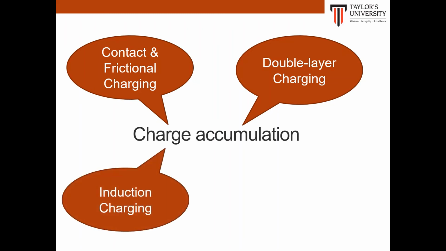The next charge accumulation is what we call induction charging. This phenomenon is applicable only to materials that are electrically conductive. A person with insulated shoes, for example, may approach an overhead vessel that is positively charged, previously filled with positively charged solids.